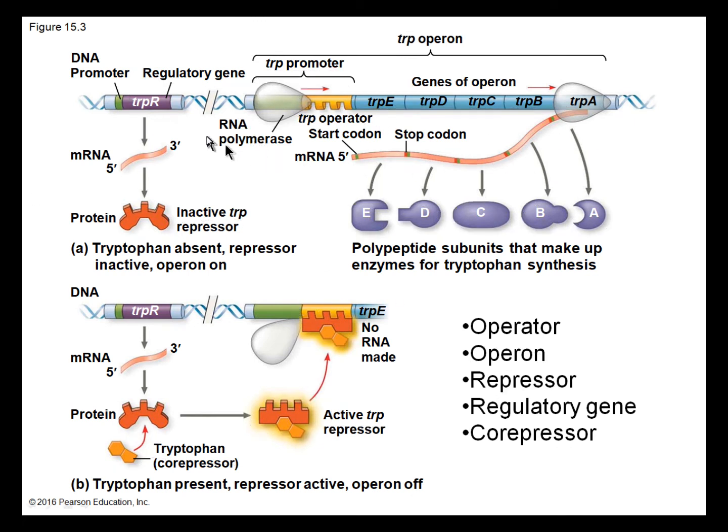So this tryptophan operon is the example of a repressible operon. It's usually always on, and in the presence of co-repressor, it gets repressed and stops the transcription of all those genes. But there is another mechanism called an inducible system, instead of a repressible system.